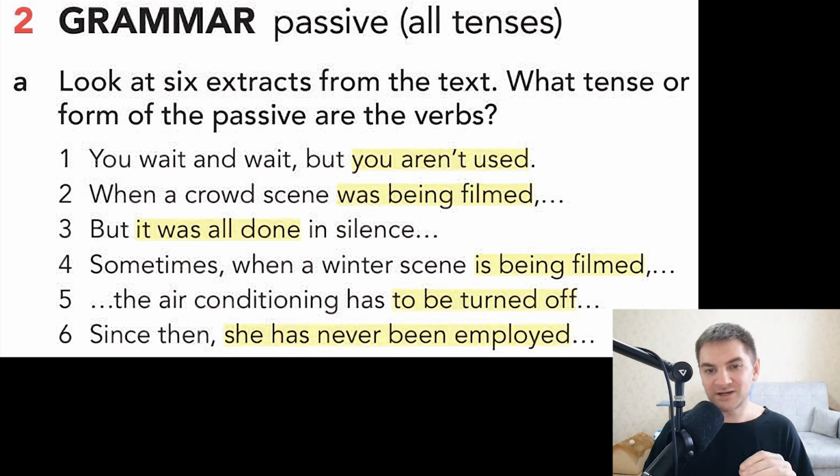For sentence 5, has to be turned off, that's the infinitive form. If you have no idea how passive sentences work, honestly, it's okay. Don't panic. Just try to use your language intuition, just feel it. What does it sound like? Then we'll check it together.